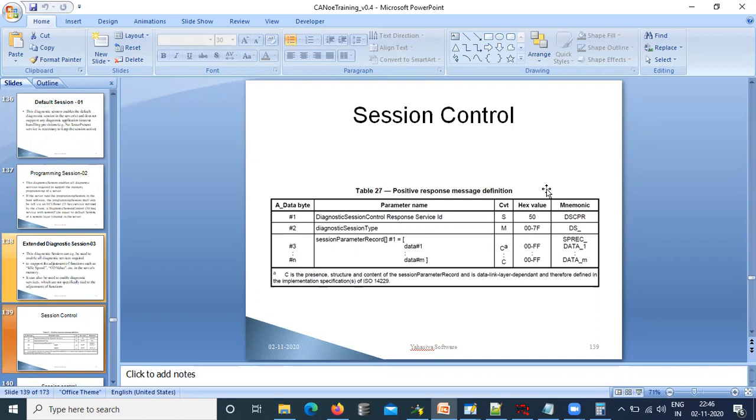The positive response is request plus 40 in hex. So 10 is the command to request to change the session from one to another. If there is a change in the session, it will reply back with 50, that is 10 plus 40 is equal to 50.